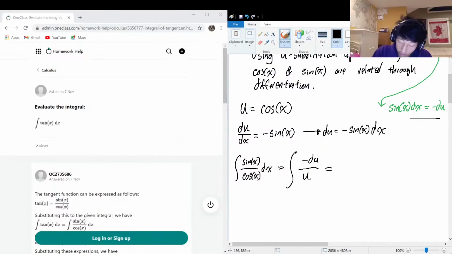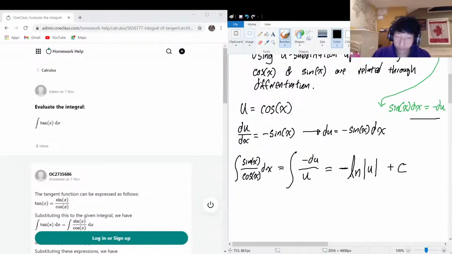This is equal to negative, because the negative on the upstairs of the fraction just gets kept, and then it's just 1 over u. The integral of that is natural logarithm of the absolute value of u plus c. Don't forget the plus c on your integrations. It will be painful if you do.